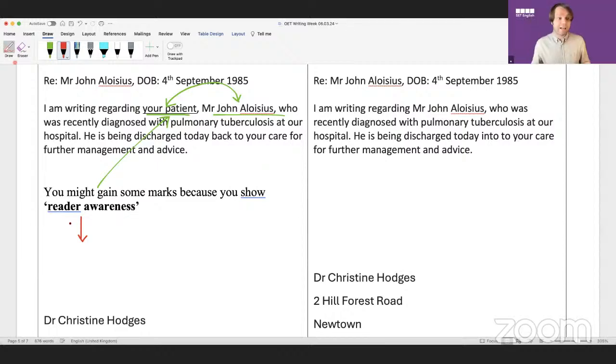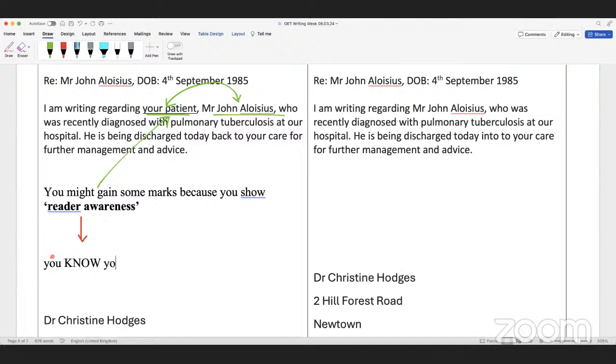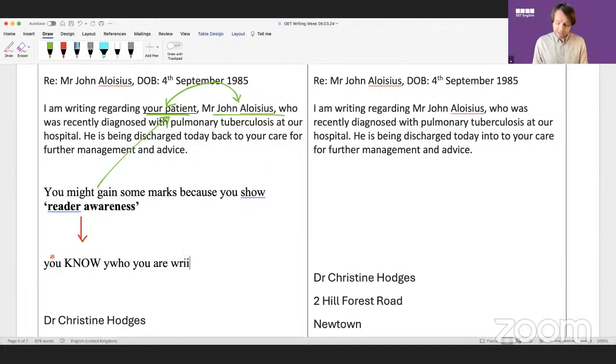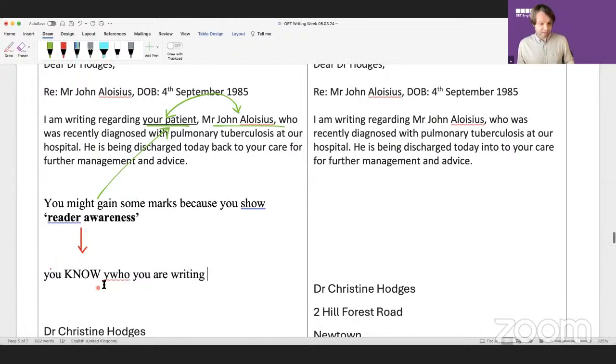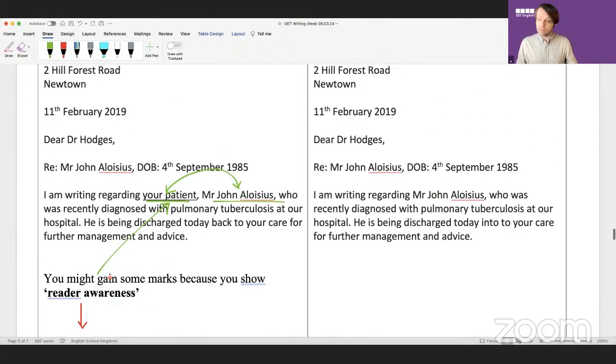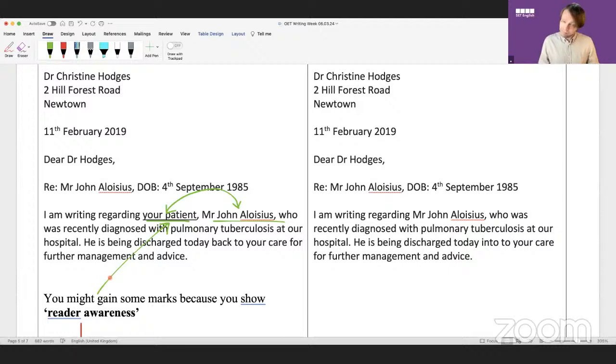It means you are showing that you know who you are writing to. So it's not a big deal, guys. We don't need to talk about it. If you're not sure, delete. If you want to do it, maybe you can score higher. It's not going to change many things, okay?